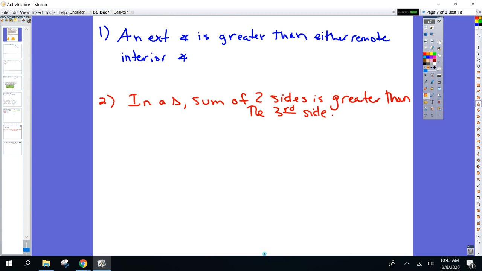I believe I put a multiple choice question down where I gave you 4 different triangles with side lengths, and I said, based on their side lengths, which one could be a triangle? So one of those 4 will fit into this theorem.